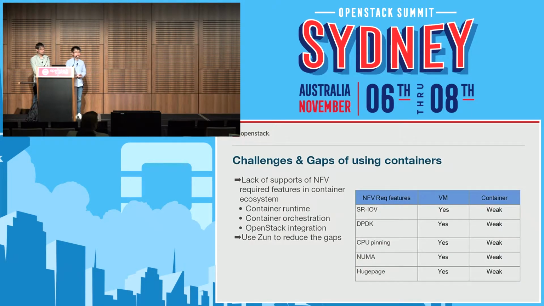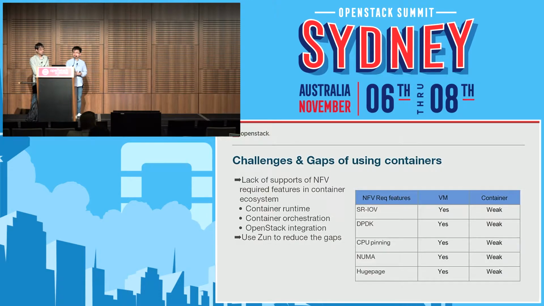So right now we see there are challenges with containerized NFV. Generally speaking, most of the gap is that the support of the container ecosystem for NFV features is not enough. For example, NFV generally requires features such as SR-IOV, CPU pinning, and NUMA topologies.